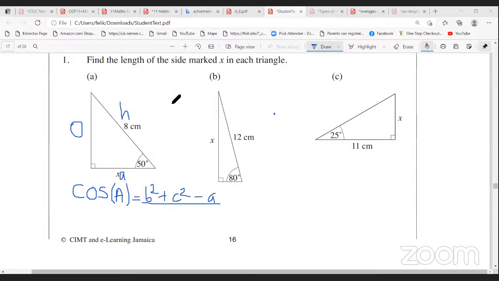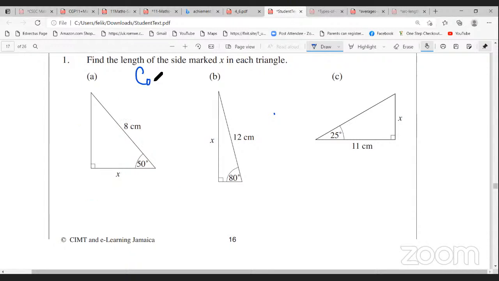That's the cosine rule, not the trig ratio. So you're using the cos one: cos theta equals.